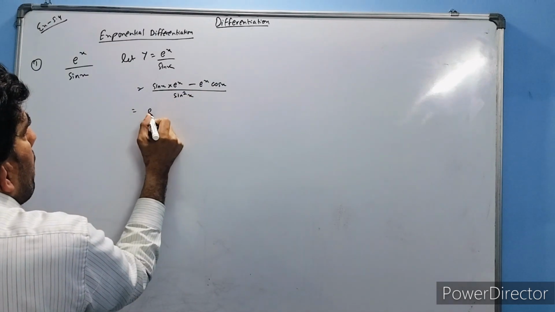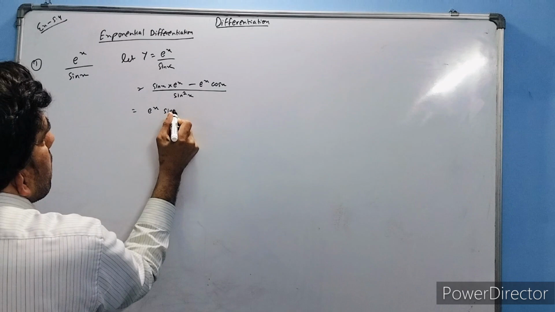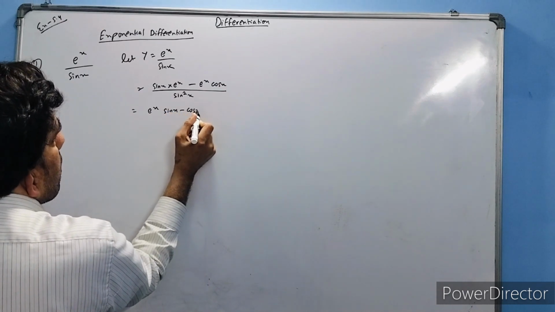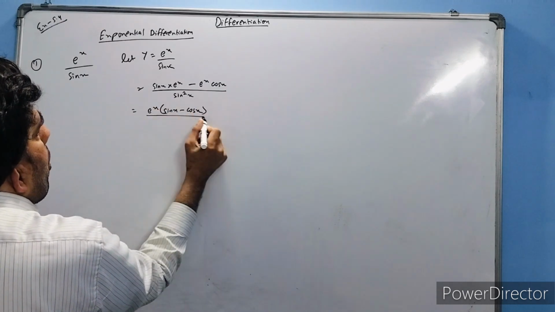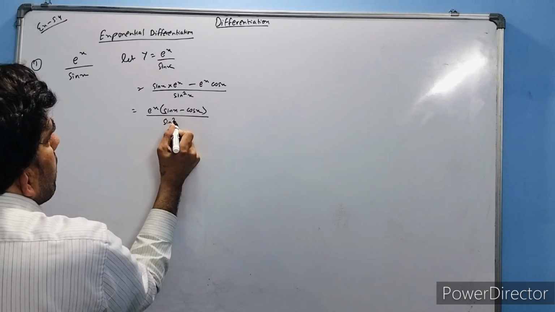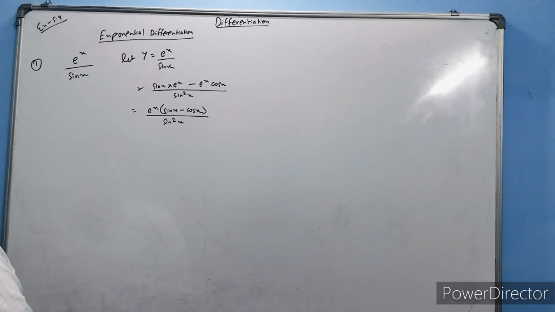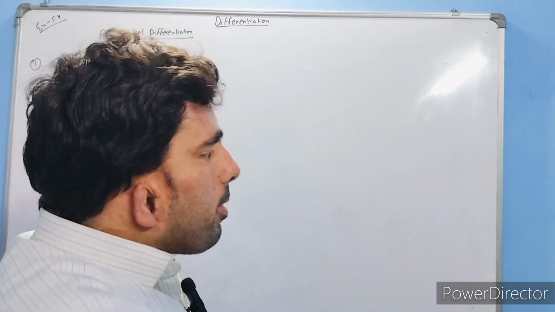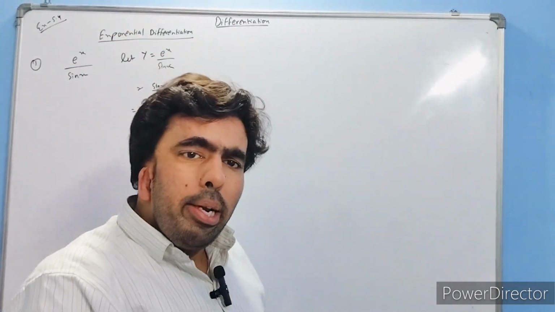If I take e^x common here, I get e^x (sin x minus cos x) upon sin square x. So that is how we try to differentiate the function which contains exponents.